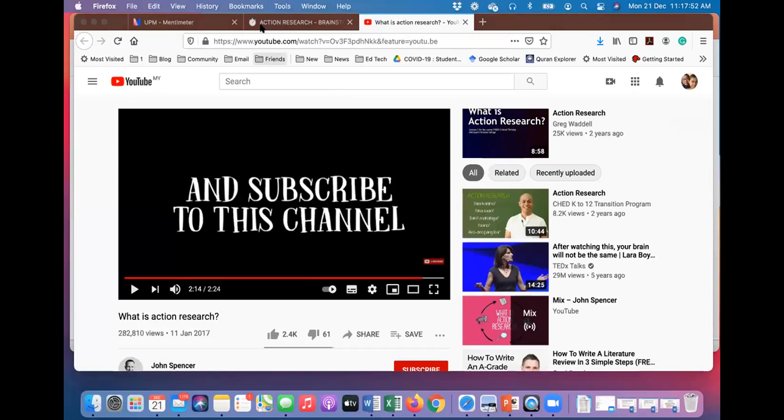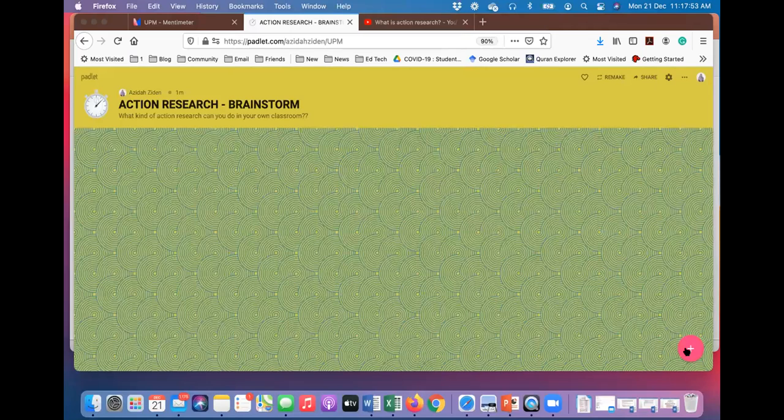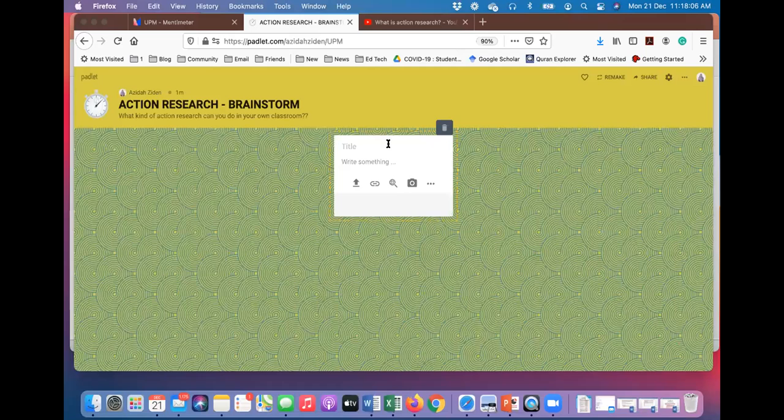So this is the one. Here you just click, I assume everyone is used to Padlet, so you just click the pink pencil here. It will pop up this one. So write your name here. Okay. And then write something here.